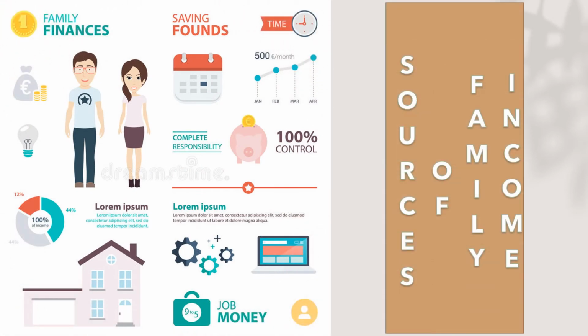Although we have different resources, our basic needs, our social needs, and other resources mentioned earlier, the family also needs money to survive. So we will be discussing the sources of family income.